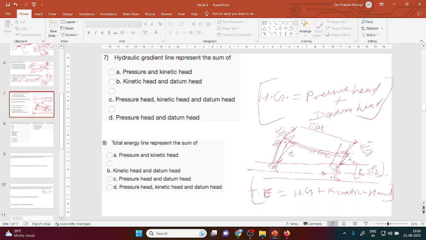If someone tells you to compare, say one pipe is there and another pipe is there, everything is the same, only this one has some friction and this one is very smooth.